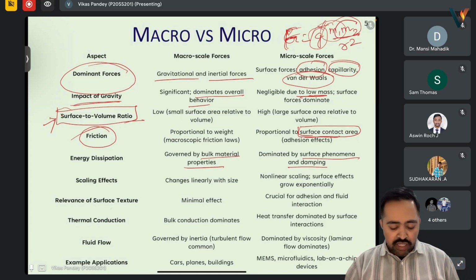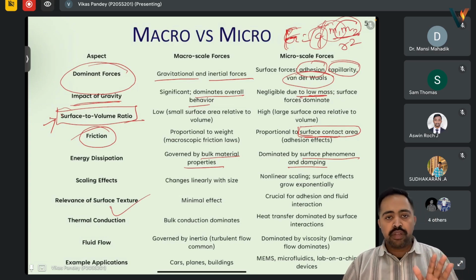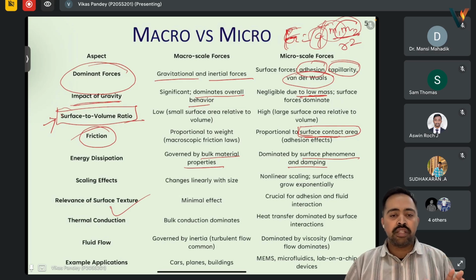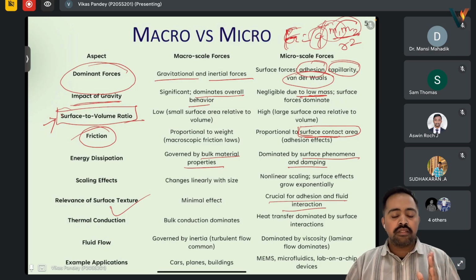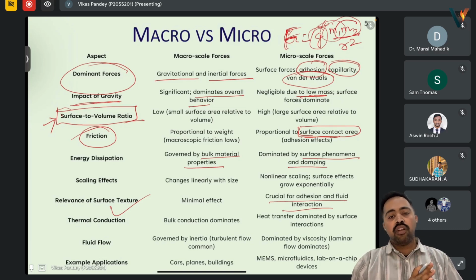So surface texture in case of macro scale forces has minimal effect, whereas in case of micro scale devices it has a lot of effect. And that is why when we are making sensors or chips, smoothness and roughness, even a nanometer variation in roughness, will have a dominant effect over your devices.